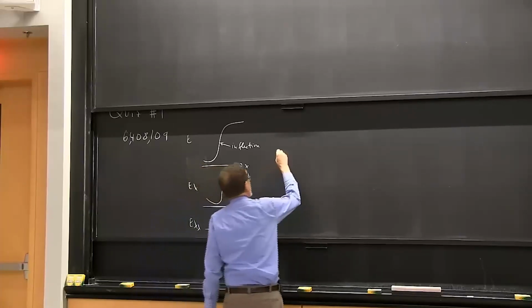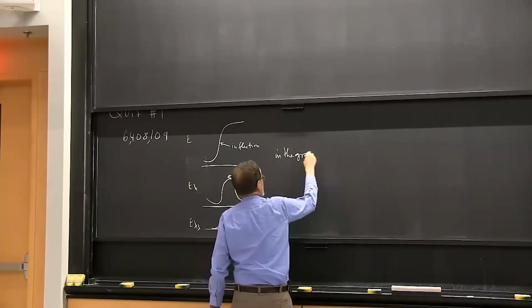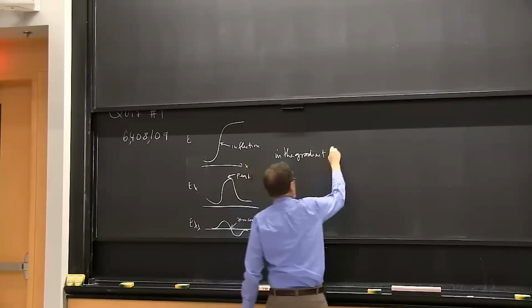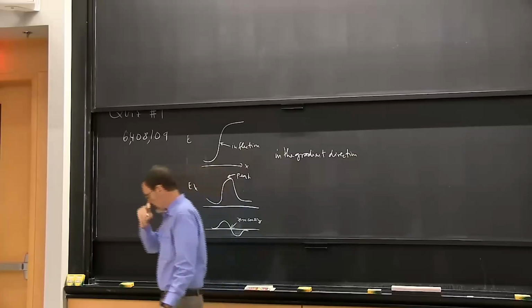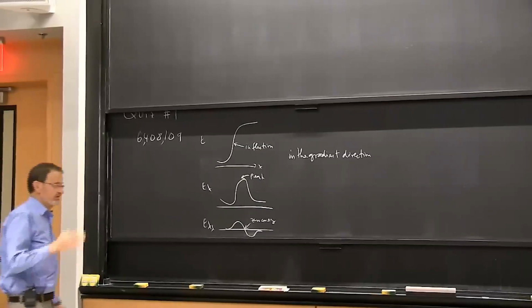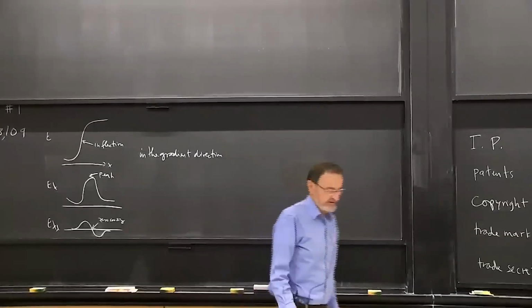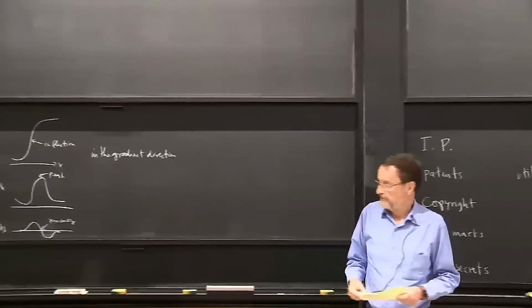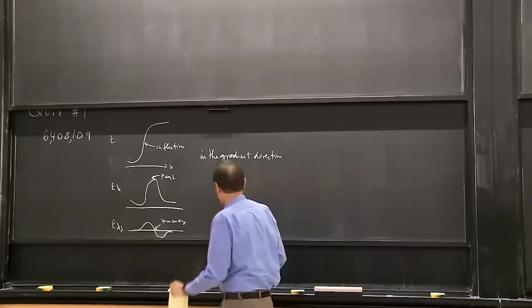But importantly, this is in the gradient direction. So this is, of course, a 1D cross-section, and we're dealing with images. So how do we take the cross-section? Well, we're only interested in the direction that is perpendicular to the edge. And so these graphs and these ideas correspond to that.